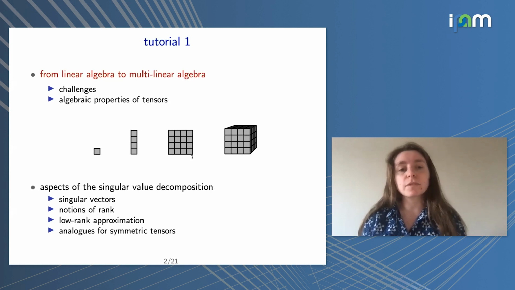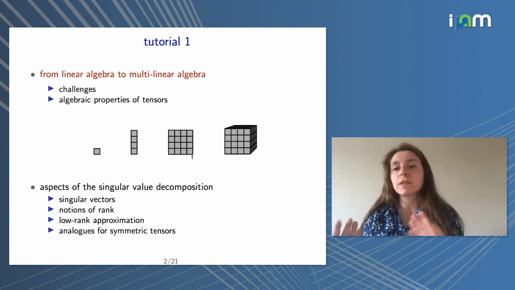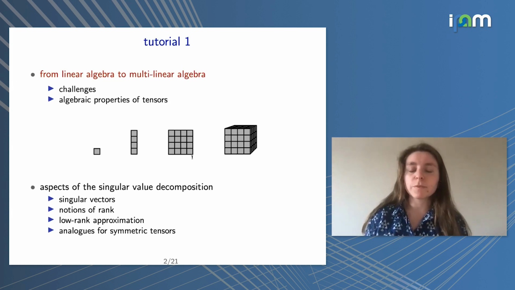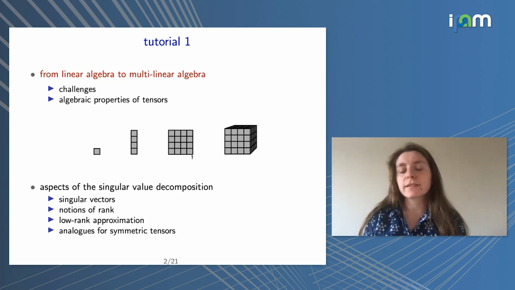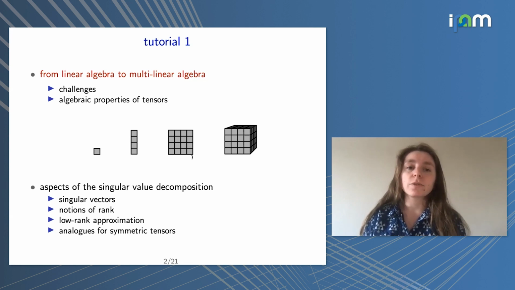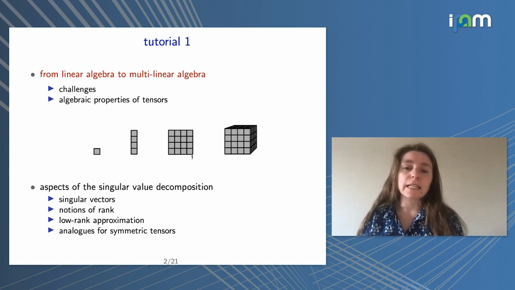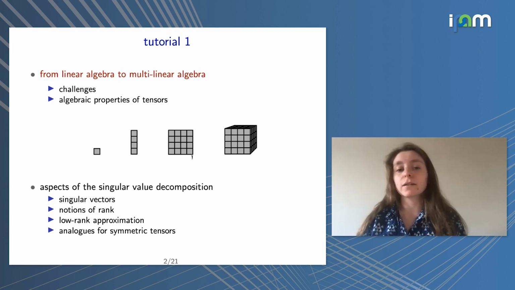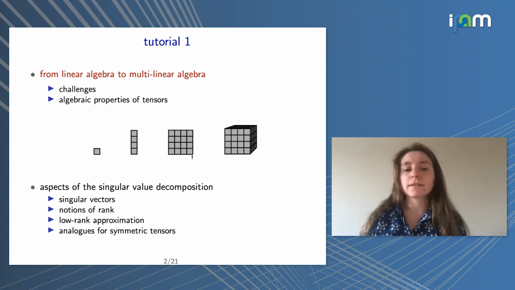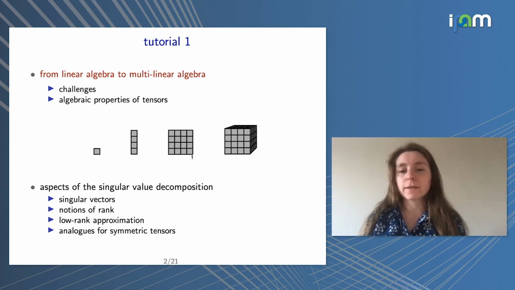But there I talked about this process of going from linear algebra to multilinear algebra and some of the challenges that arise and how these challenges relate to algebraic properties of tensors. And I was focusing on various aspects of the singular value decomposition. So singular vectors, notions of rank, low rank approximation, and analogs of these different concepts for symmetric tensors as well.